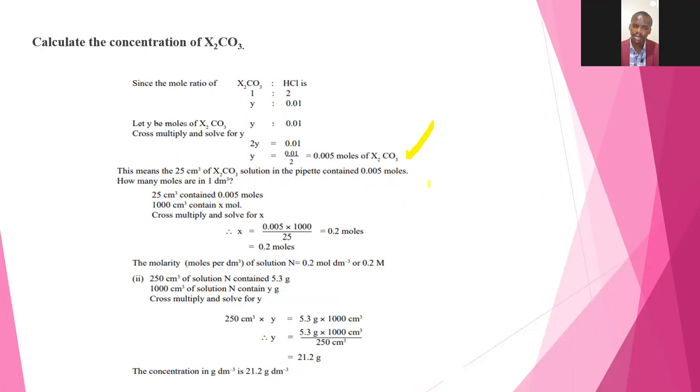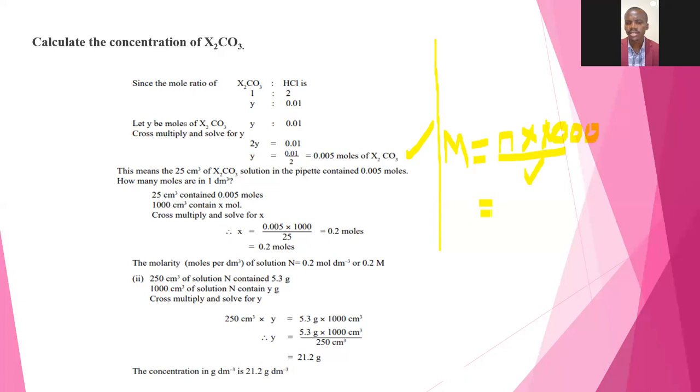So I said very well, leave alone all these writings which are written here. You can just get whatever I'm saying, then you will be able to understand it. Now, the molarity, I said in our previous lesson, is denoted by capital N and is given by moles multiplied by 1,000 over the volume used.